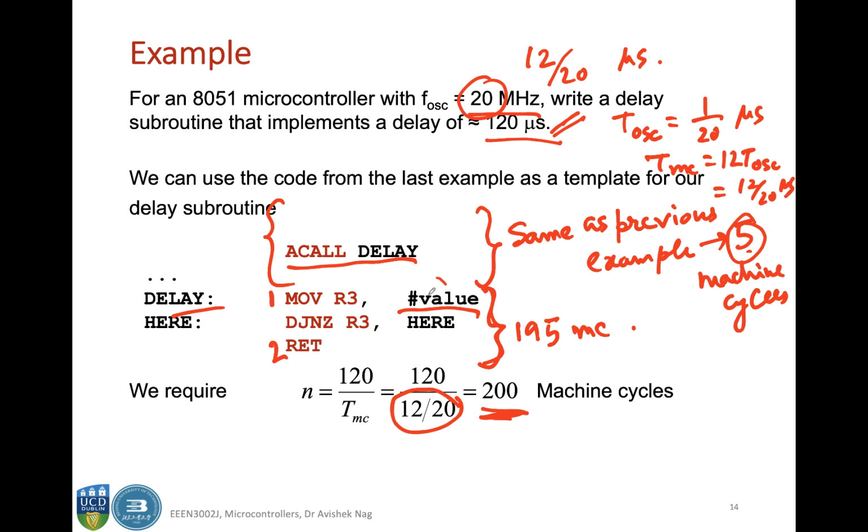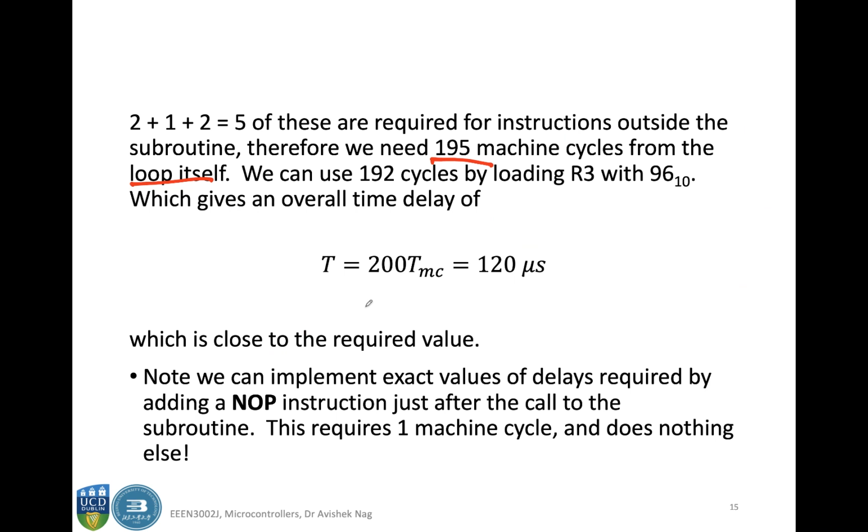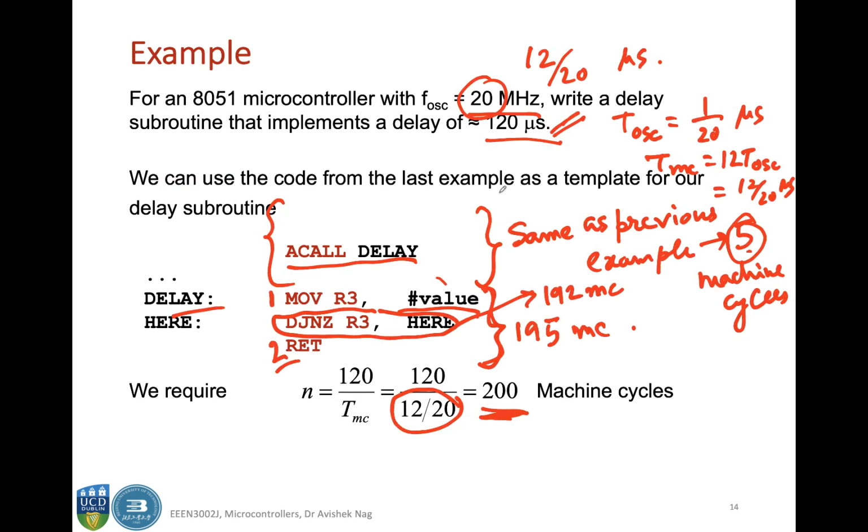So just this particular loop will require 192 machine cycles, because 2 are taken for return and 1 for move. So 192 cycles are required by this DJNZ R3. DJNZ itself is 2 machine cycles, and you have to make 192 out of this.